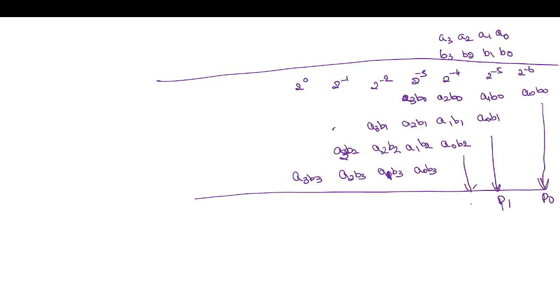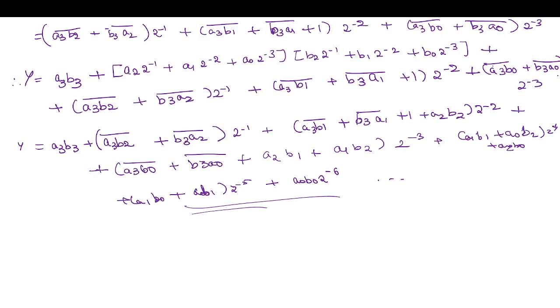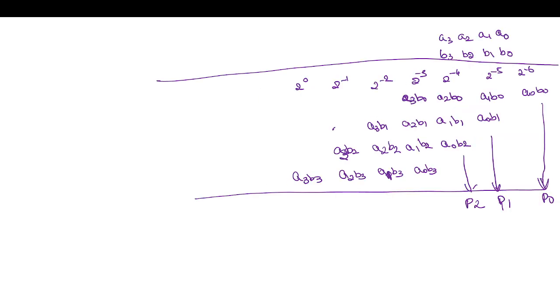This is the second product term. Next, this is complete. For 2 to the power minus 3, a3 b0, a2 b1, a1 b2, b3 a0. So this is also fine, P3.